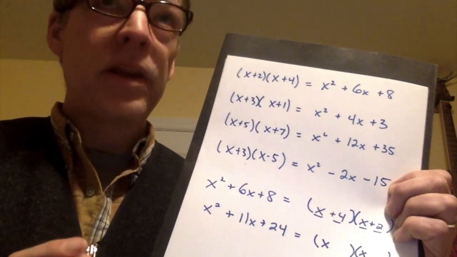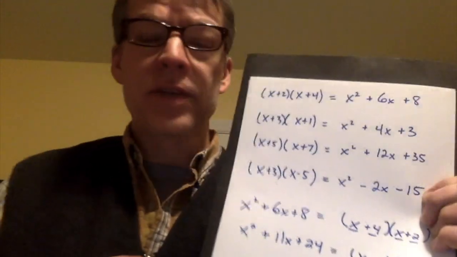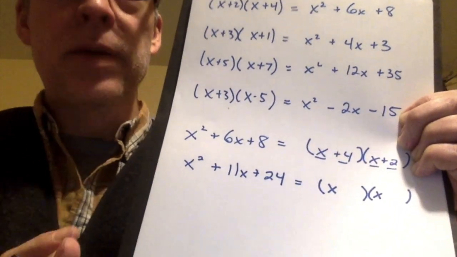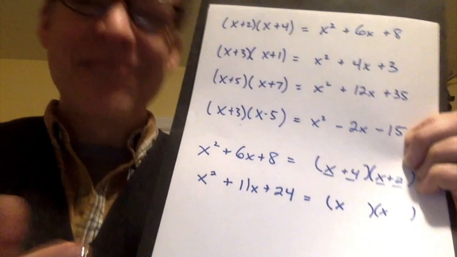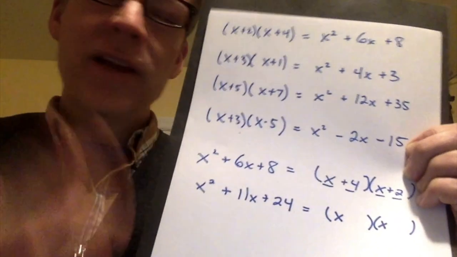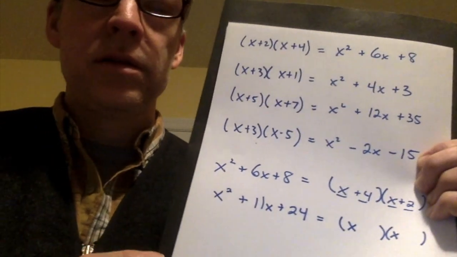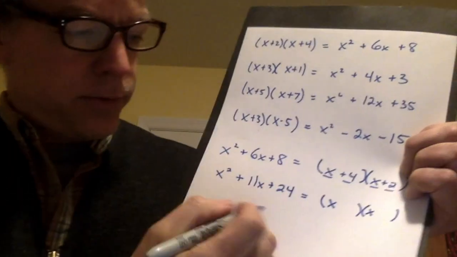But for some of you, and this is still relatively easy, we're not dealing with negatives or anything. There's a nice method, sort of like the X method, that will help you organize your findings. Let me show you how a lot of times kids will figure this out.